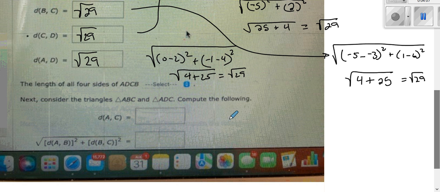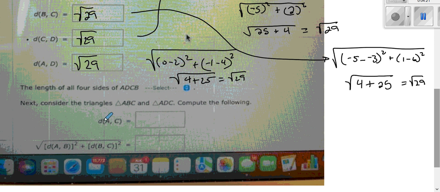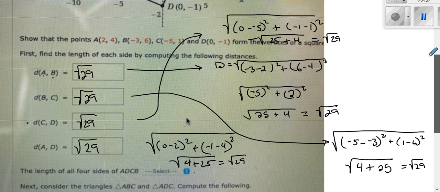If you need to know what that decimal number is, you can just plug square root of 29 into your calculator. It says next consider the triangles, triangle ABC and ADC, and compute the following. Okay, so let's see here, ABC and ADC.